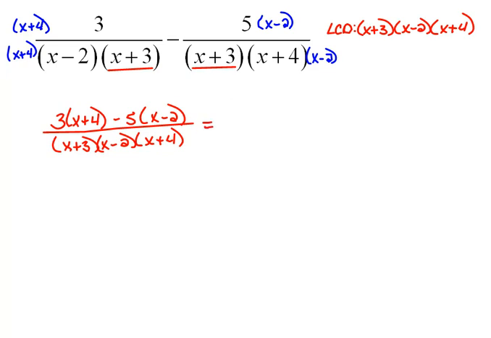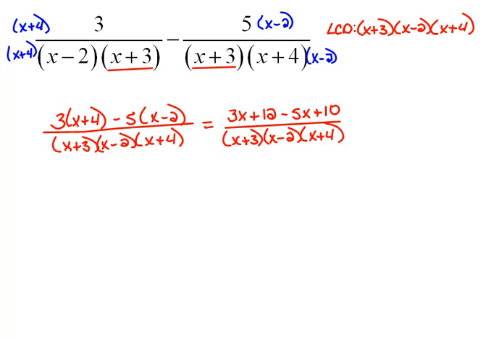Now we're going to distribute this out. So we'll have 3x plus 12. And then we're going to distribute our negative 5 also, so negative 5x plus 10, all over that common denominator. Oops, I need to put my x first. x plus 3 times x minus 2 times x plus 4.